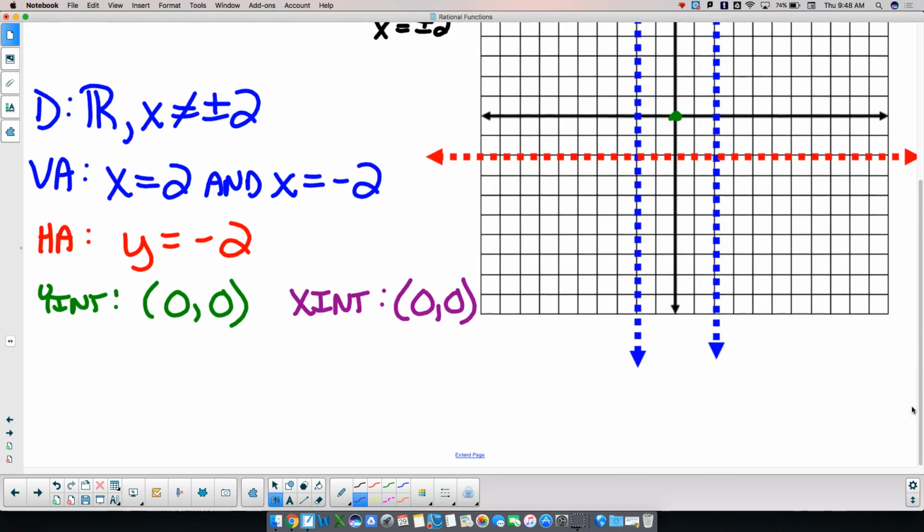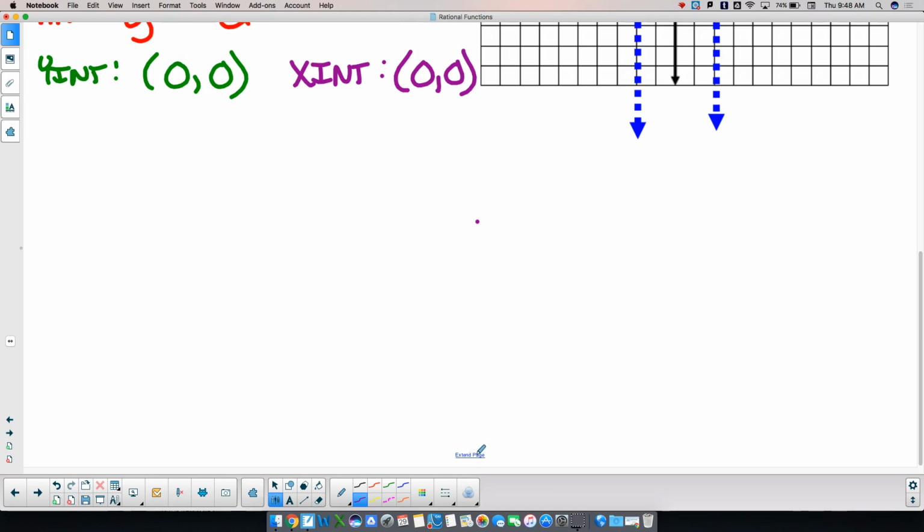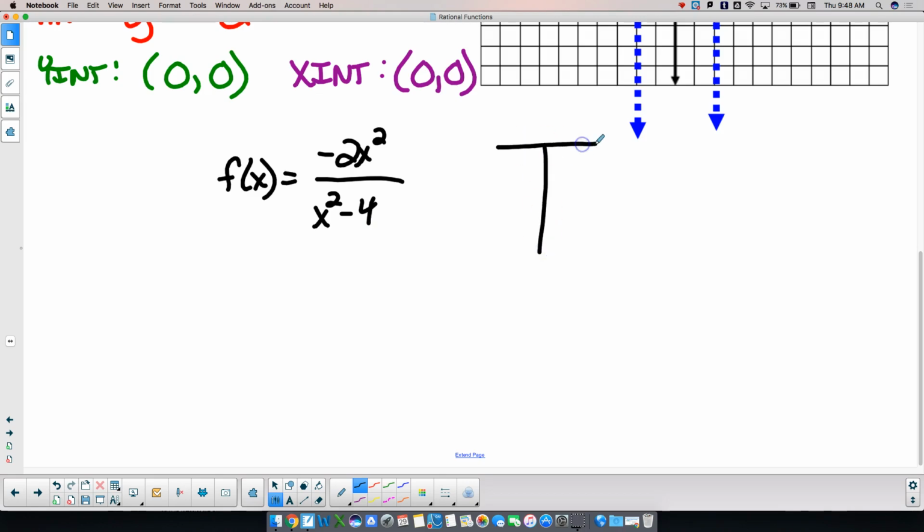So my function was negative 2x squared over x squared minus 4. So I'm going to do 3 T-charts, because I've got 3 zones to do those in.